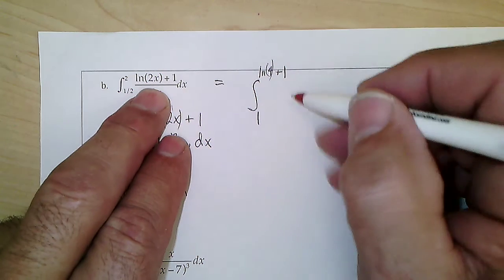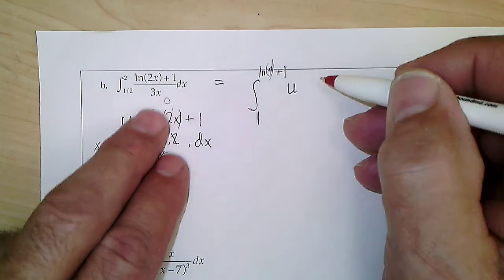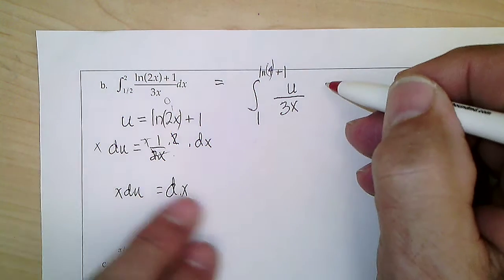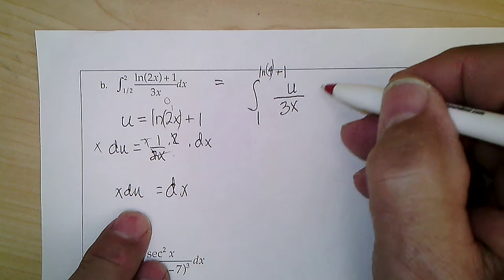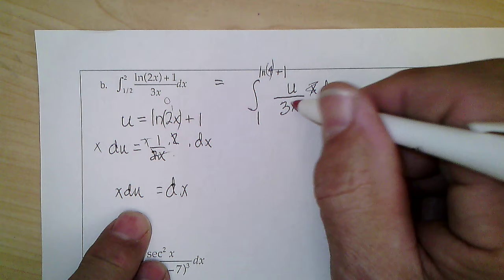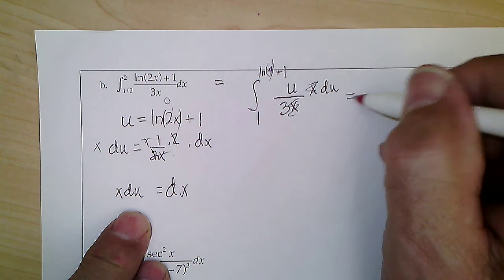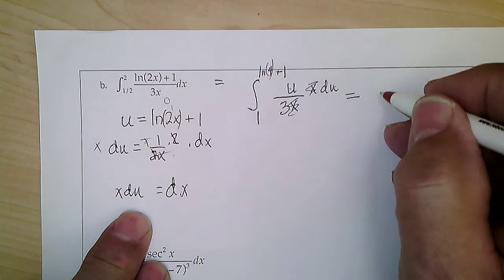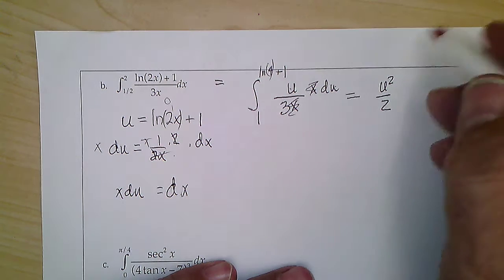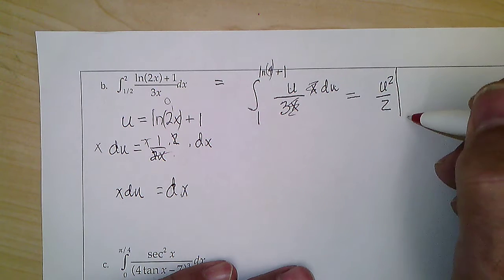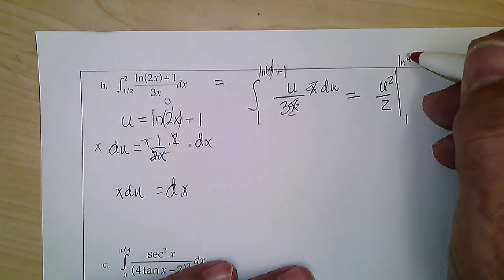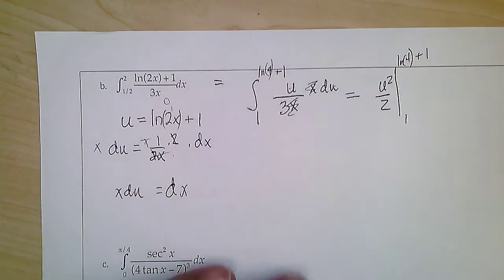Integrated, this is u, 3x, and dx is x du. The x's cancel. The integral of u du is u squared over 2, evaluated from 1 to ln 4 plus 1.